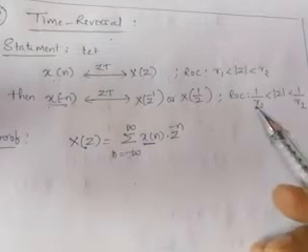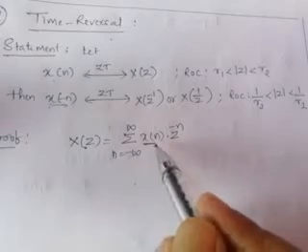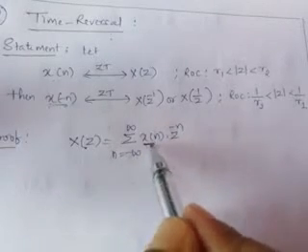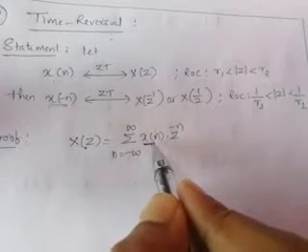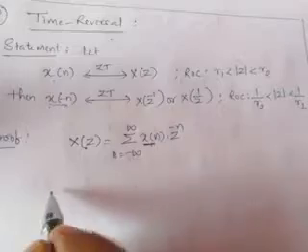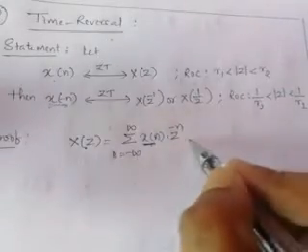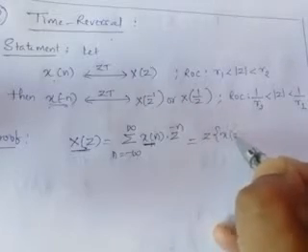So we will discuss regarding ROC afterwards. First I am going to substitute. See what we are doing here. We are taking the reflection version of this one. If I take the reflection version, meaning the mirror image, where n is replaced by minus n, then x of z is the Z transform of x of n.